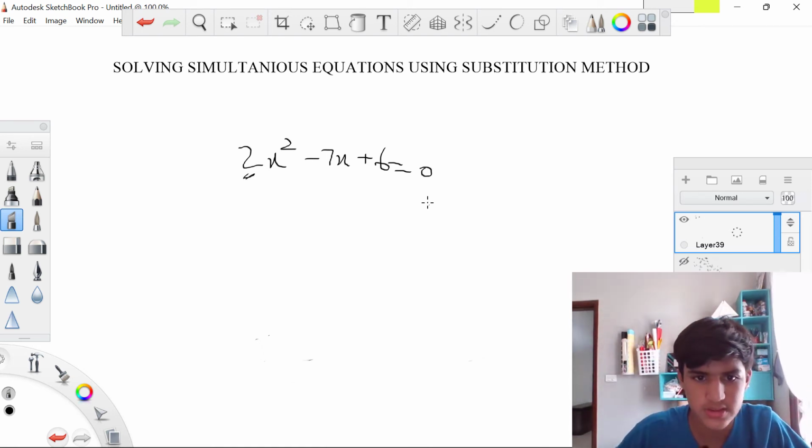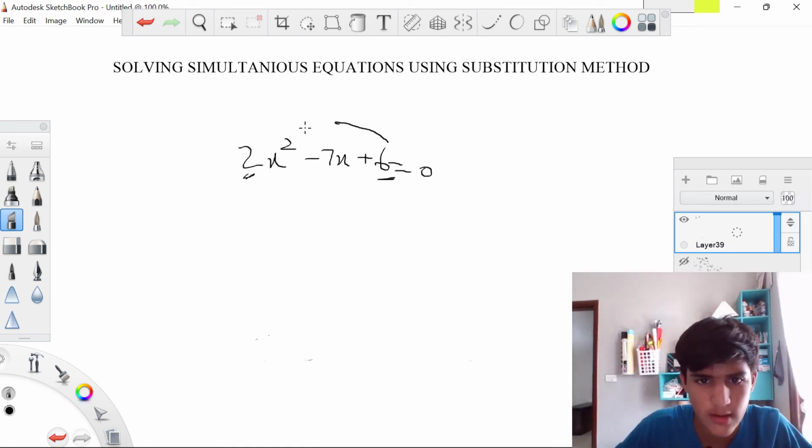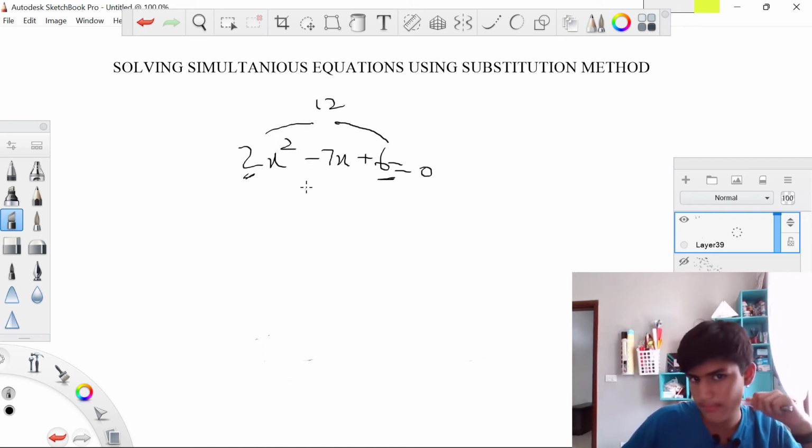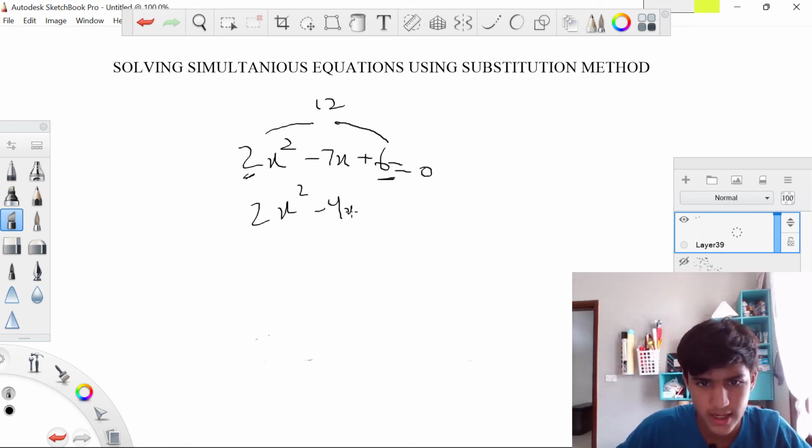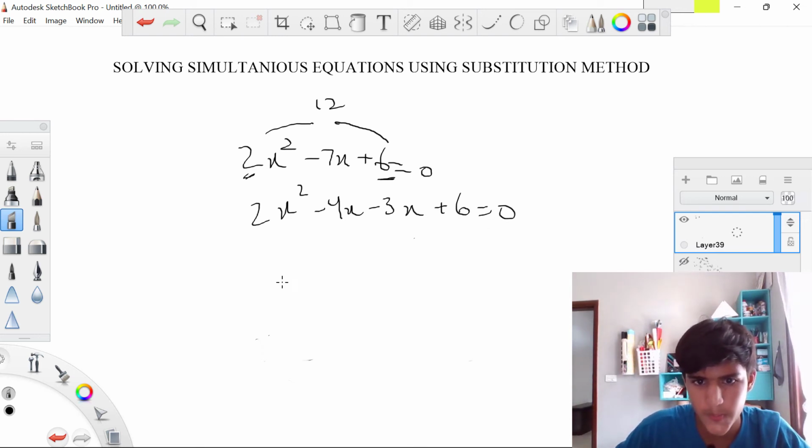2 into 6 is actually 12, and minus 3 and minus 4 add to minus 7 and multiply to give 12. So 2x squared minus 4x minus 3x plus 6 is equal to 0.